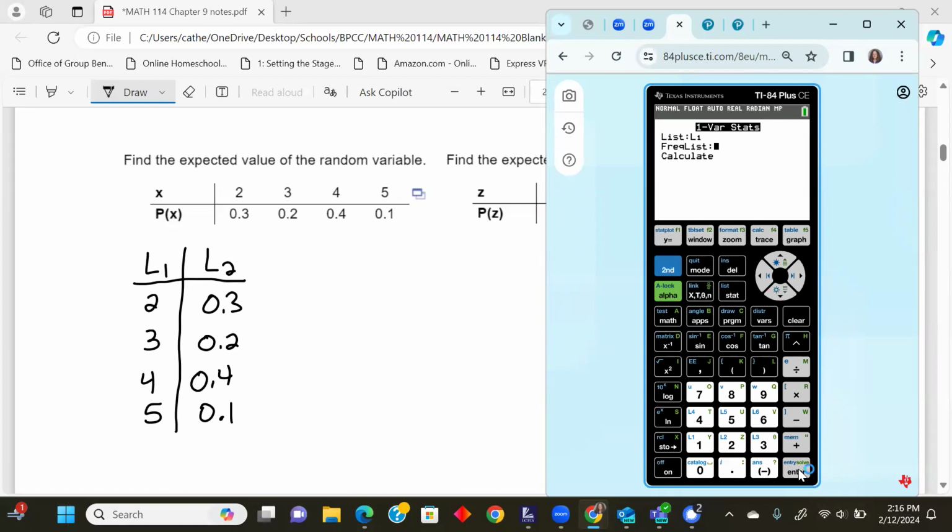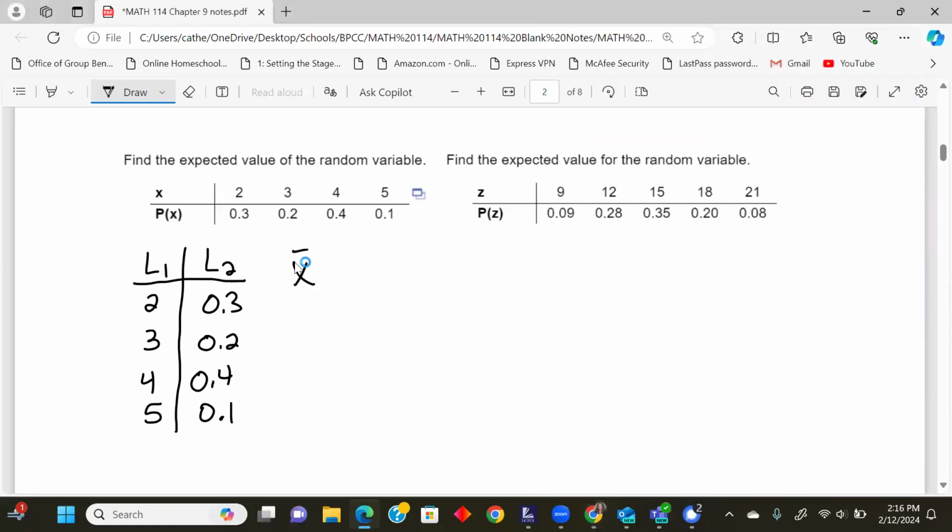Your frequency list is going to be L2. So that's going to be second and then number 2. And then go down and hit calculate. And your expected value is the X with the bar, that's your mean. So the expected value, ours was 3.3.